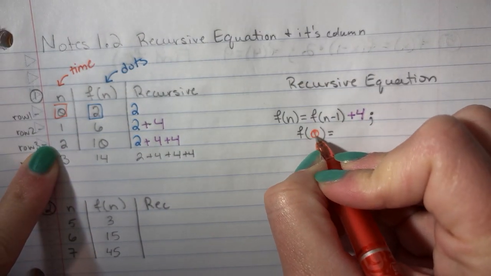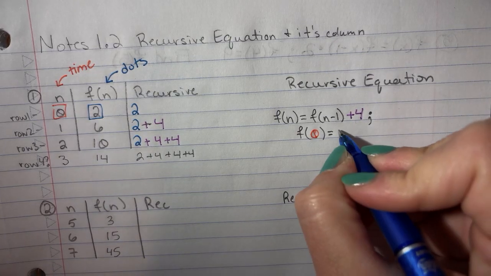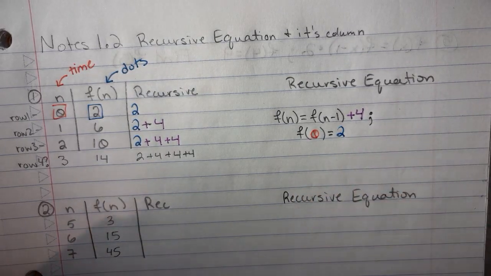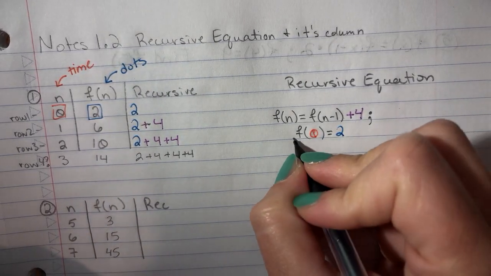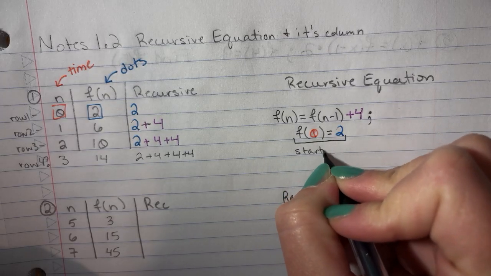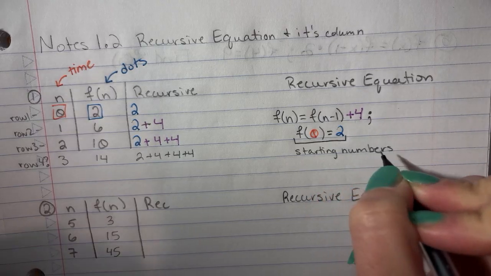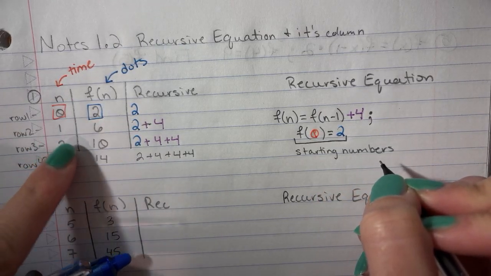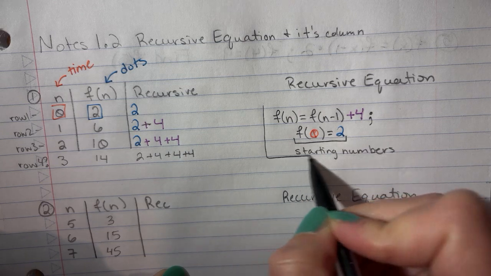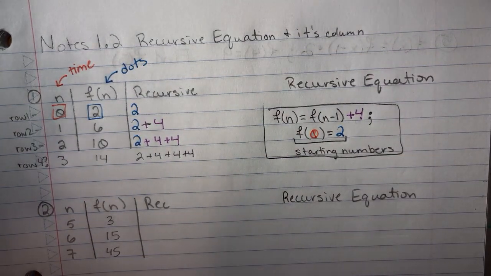We start with that time 0, and at that time 0 we have this 2 dots, okay? So with the recursive, you always have to give your, what I like to call your starting numbers, okay? But we did all this work here for this equation that's got these 2 separate pieces.